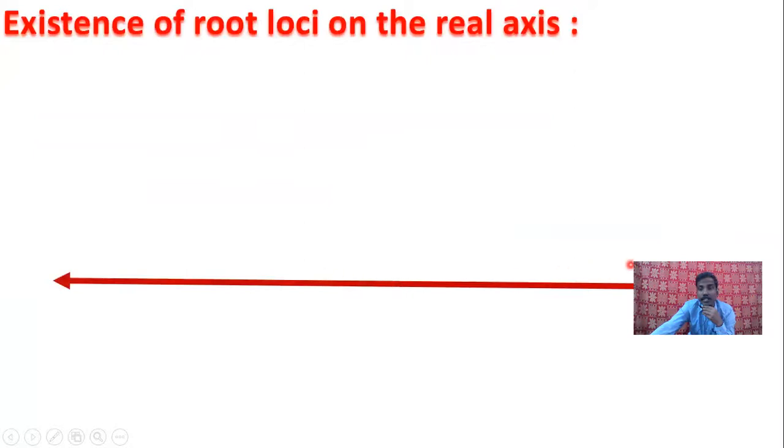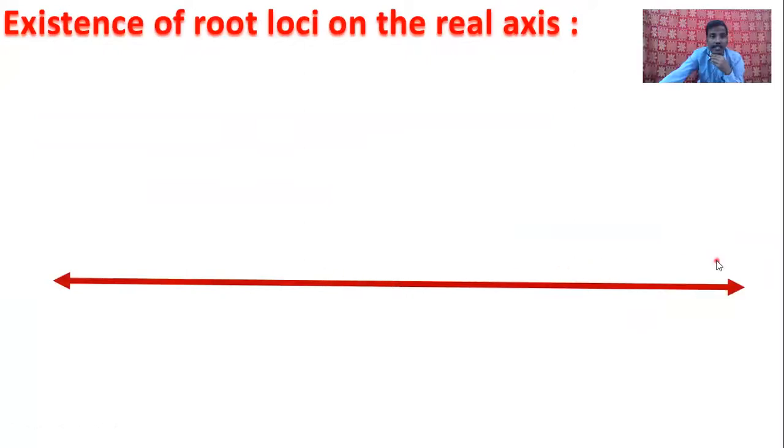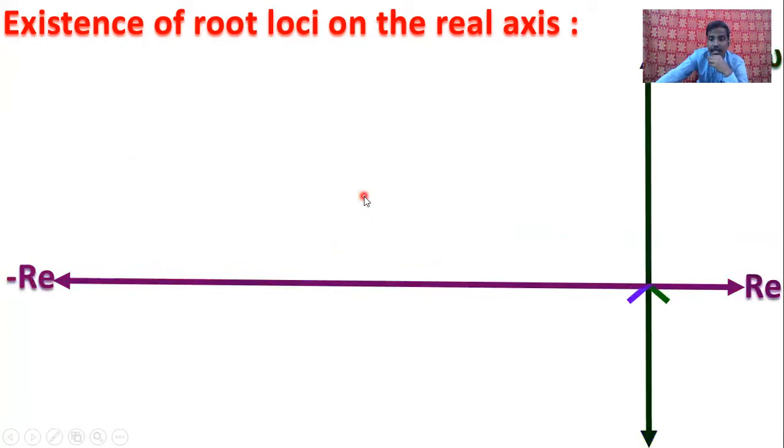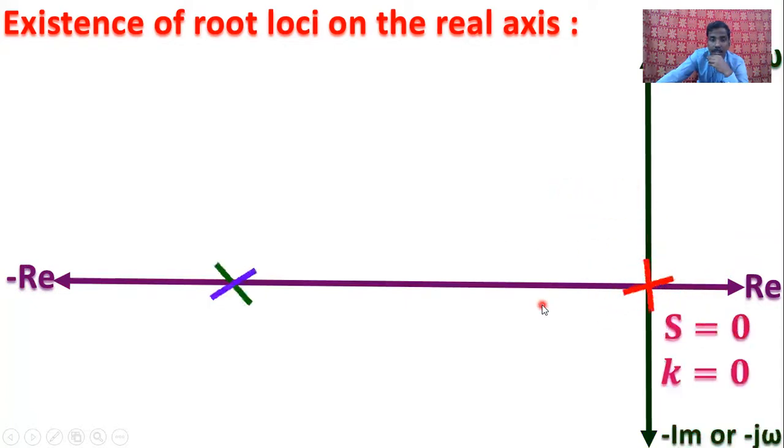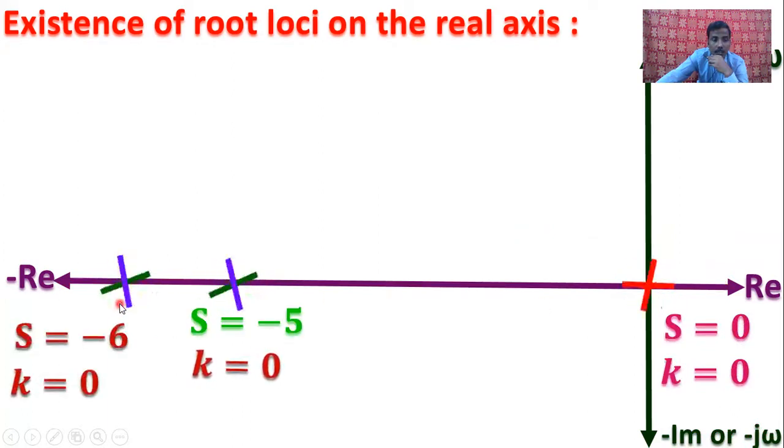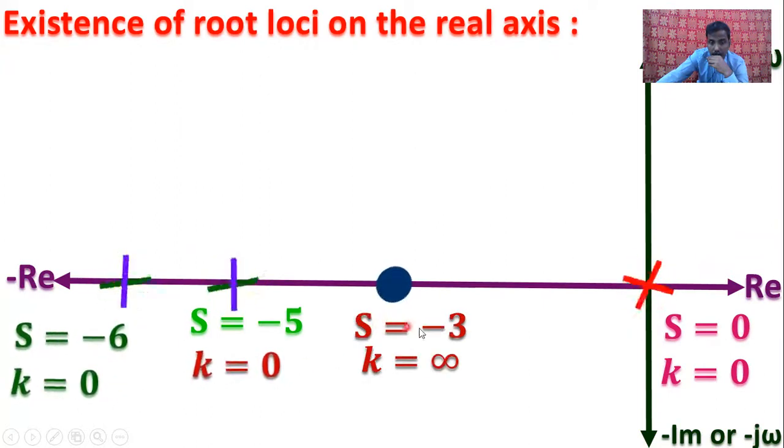So this is an example. Suppose this is the real axis and this is the imaginary axis. Again, this is the s equals 0, k equals 0 pole, another pole s equals -5, k equals 0, a third pole s equals -6, k equals 0, and the zero position s equals -3, k equals infinity.